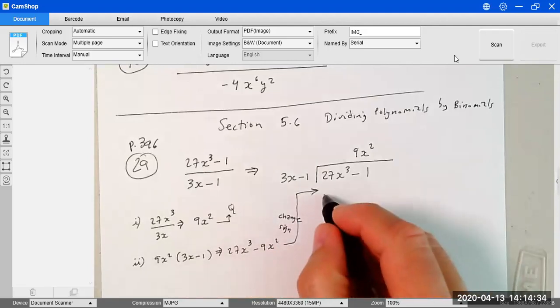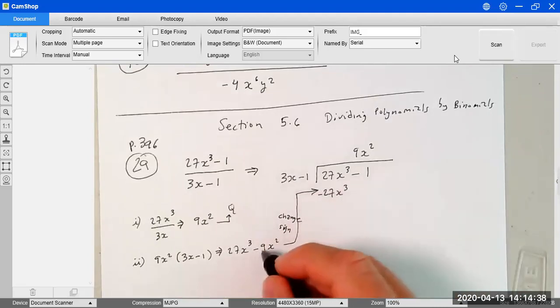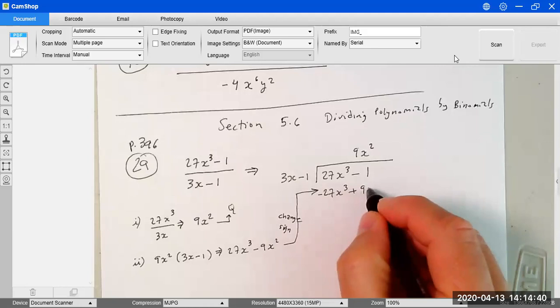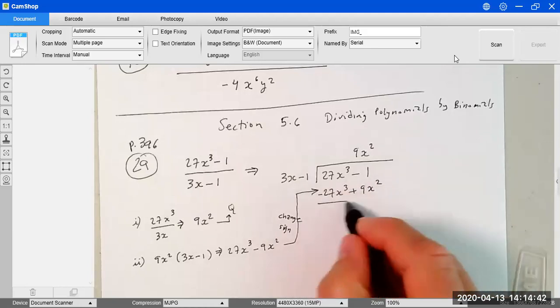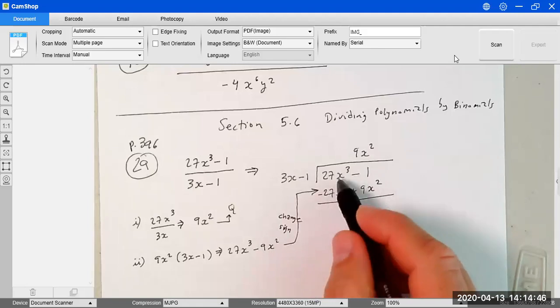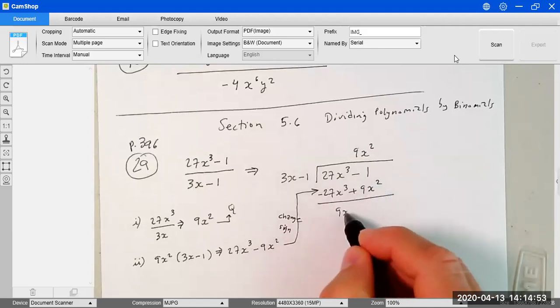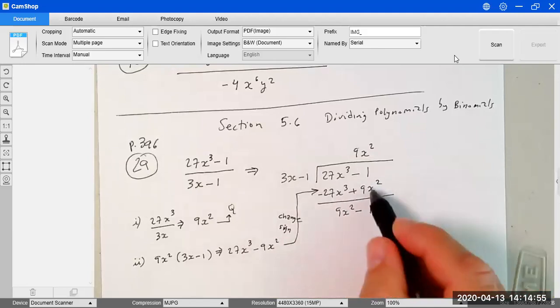So I'm going to write negative 27x cubed and then positive 9x squared. Then you're going to combine like terms. In this case, 27x cubed cancels, vanishes. And then I have just 9x squared minus 1, because these are not like terms.